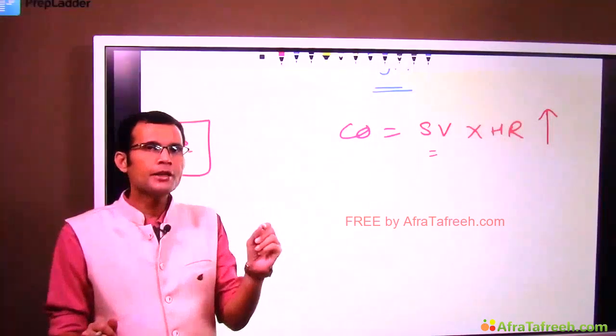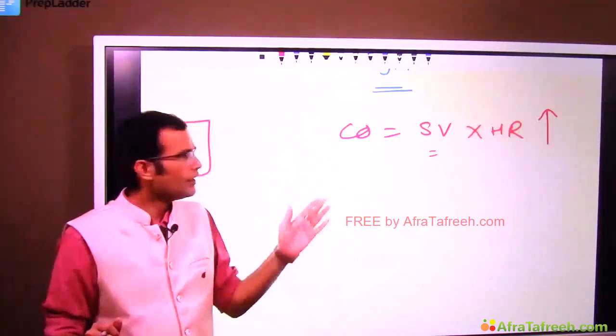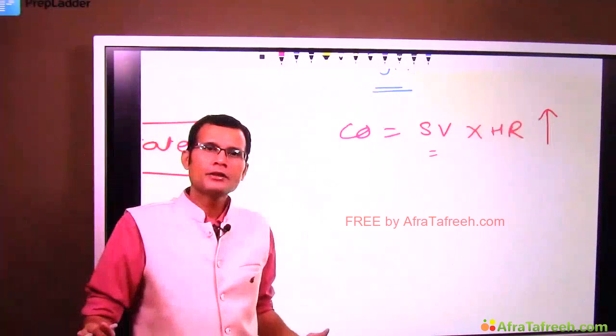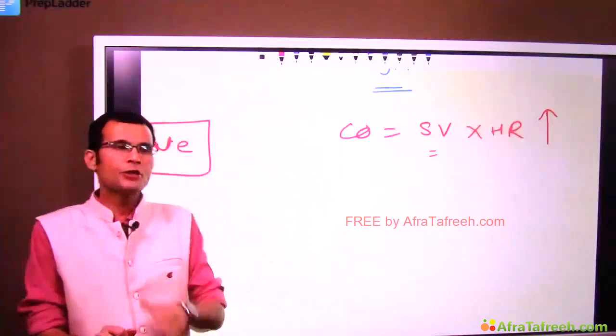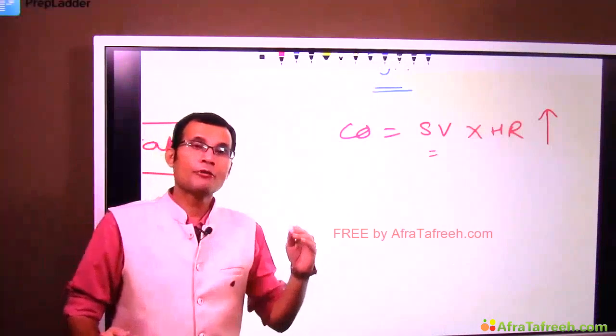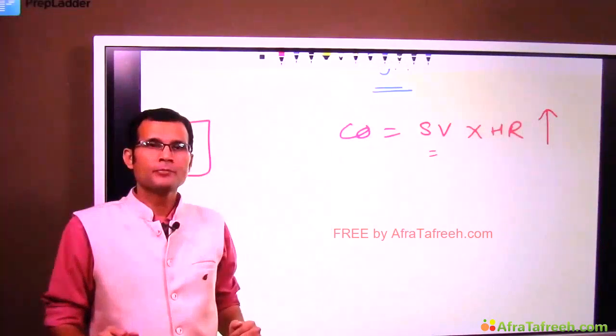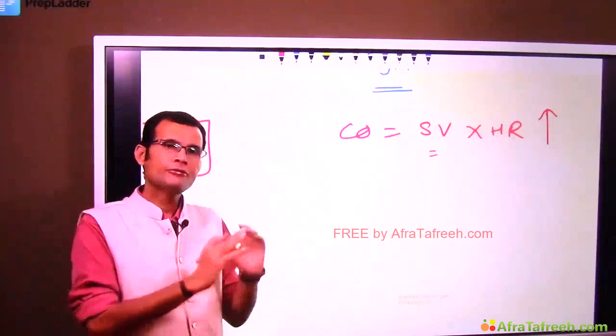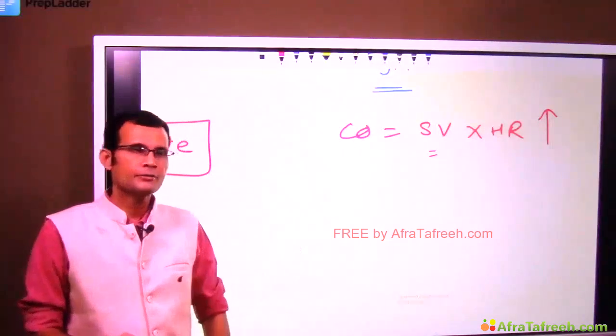Duration of each beat will be less and less. At 72 beats per minute, each beat has a duration of 0.8 seconds. But if the heart rate becomes 144 beats per minute, double, then each beat will have half the duration, 0.4 seconds.